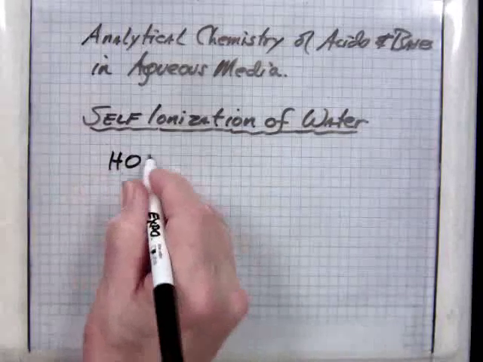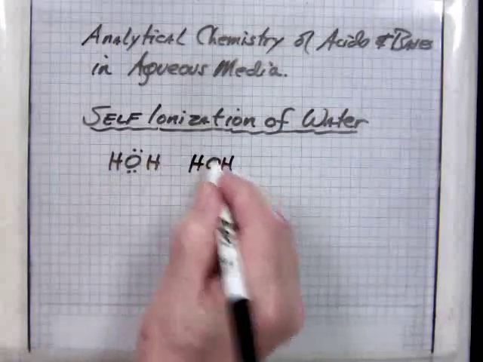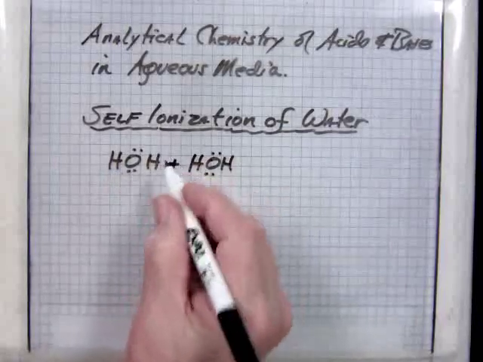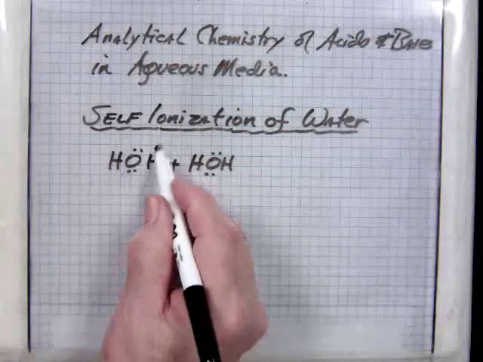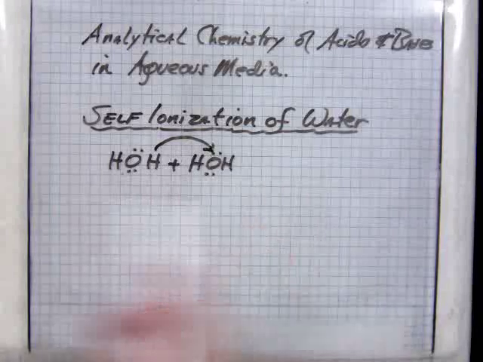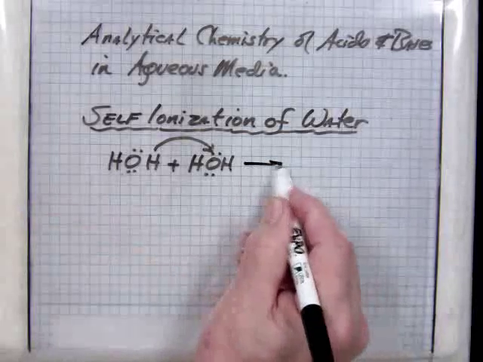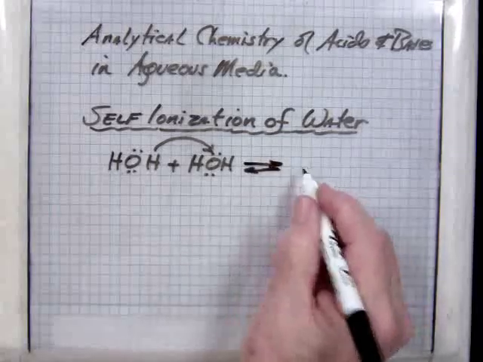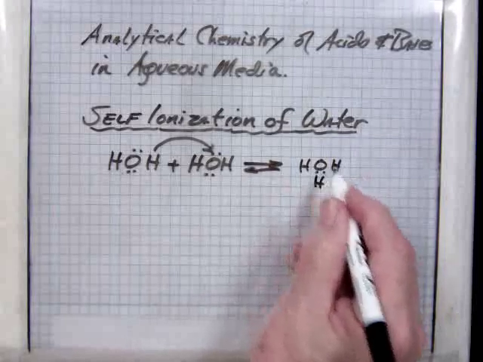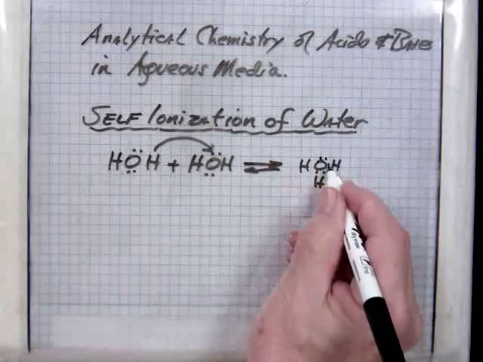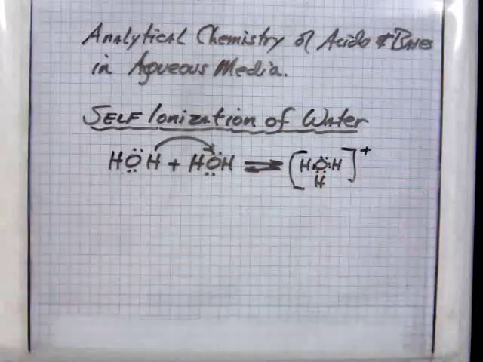Now, what does that mean? It means if you have two water molecules, and consider this in the Bronsted-Lowry context, one of the water molecules will transfer its hydrogen to the other, and will set up an equilibrium which will contain a molecule having 3 hydrogens attached to it, like this, carrying a positive charge.